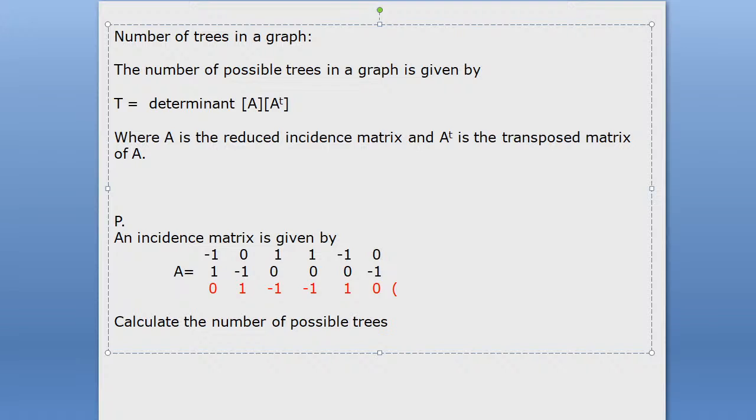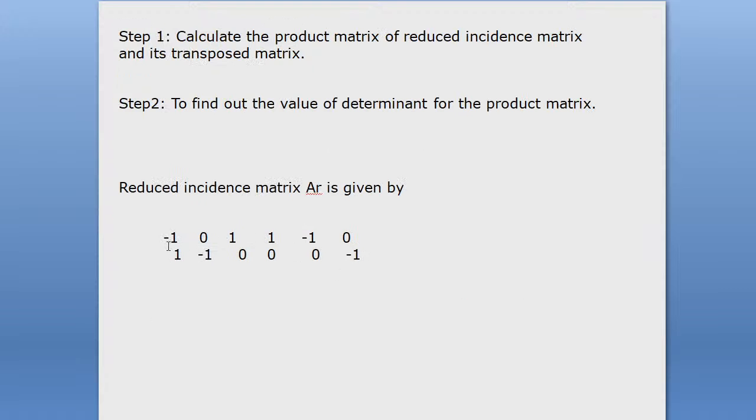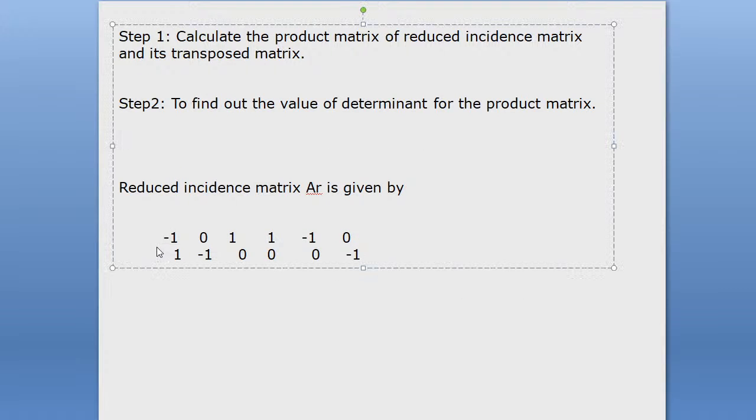Write here: this row is deleted in order to get the reduced incident matrix. You see, this is the reduced incident matrix. And now you write AR equal to this, within third brackets, no problem.